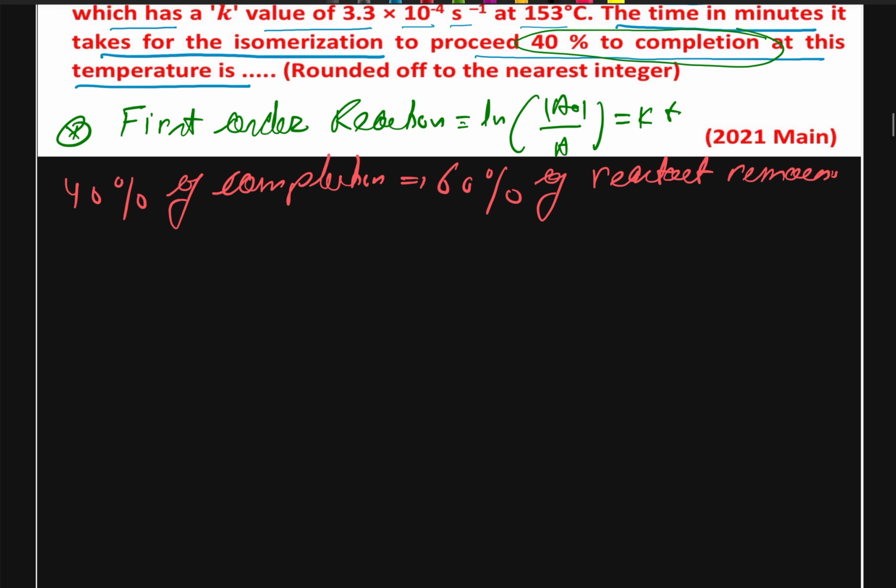Therefore, we can write that the ratio of A upon A naught will be equal to 0.6.